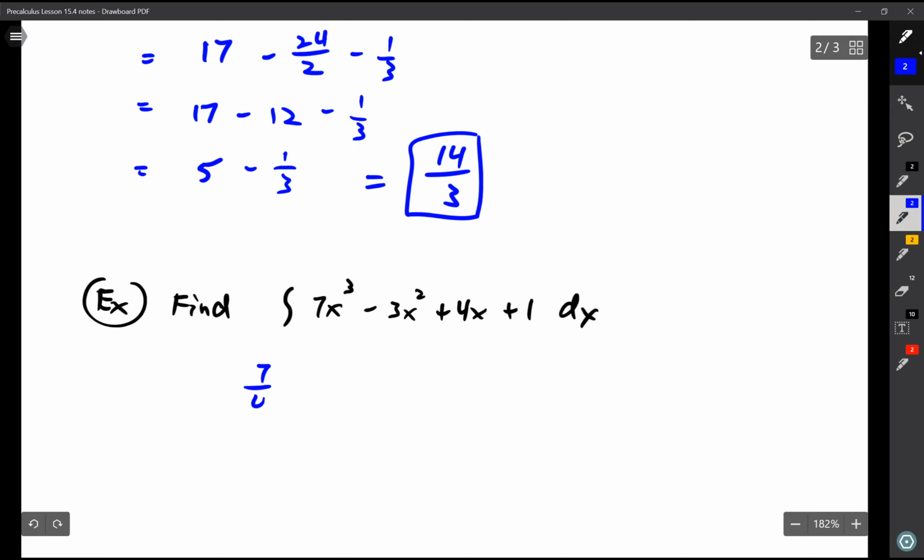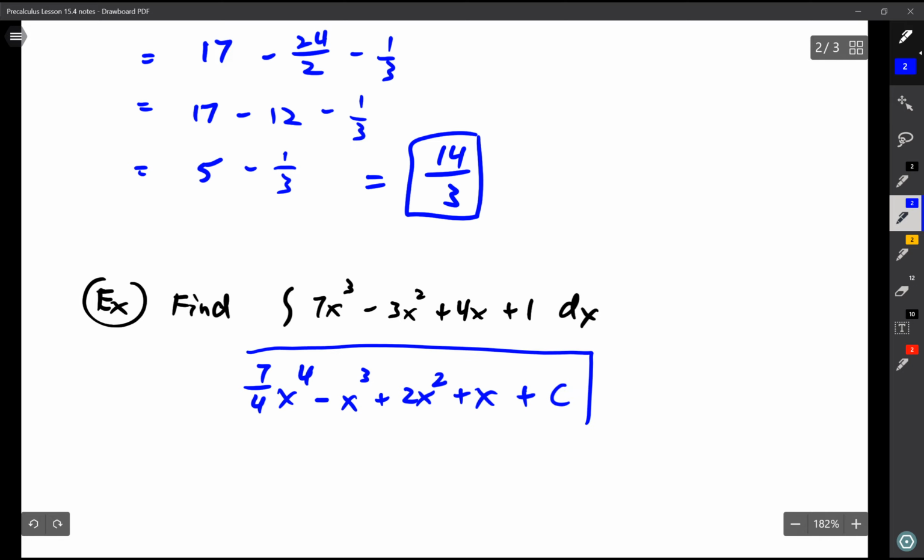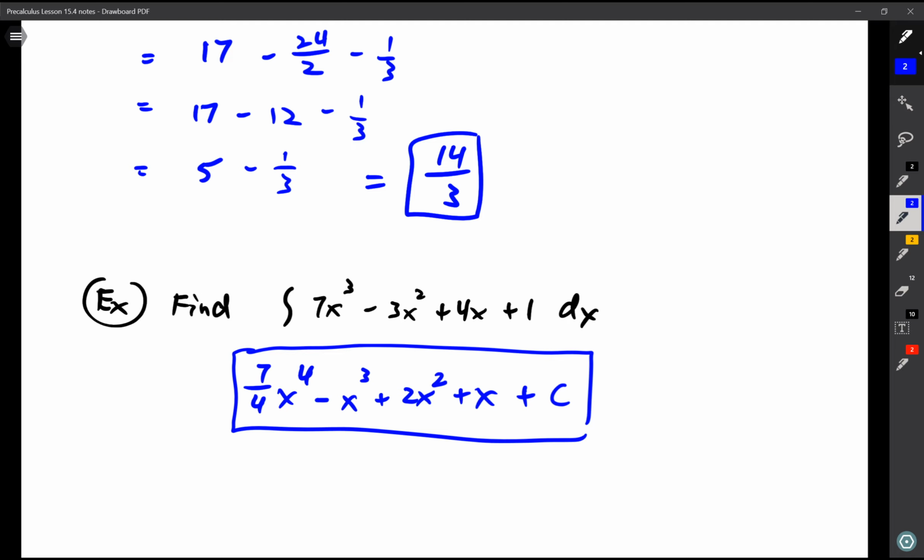This is going to be 7/4 x to the fourth minus 3/3 x cubed, so it's just an x cubed, plus 4/2 x squared, so that's plus 2x squared, plus 1 over 1 x to the first, or just plus x, plus c. That is my answer. And you can always check your answer by taking the derivative of what you just found. 4 times 7/4 is 7, and then drop the power, x cubed minus 3x squared plus 4x plus 1, and then the constant c goes away.